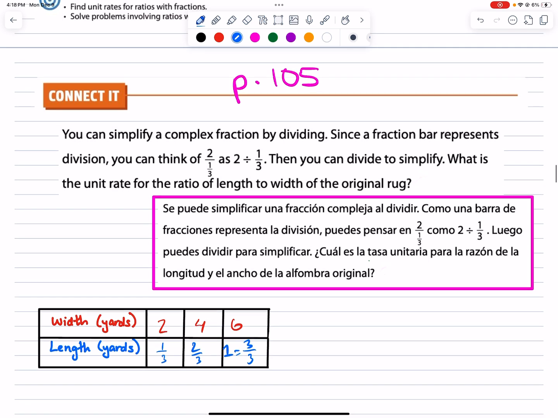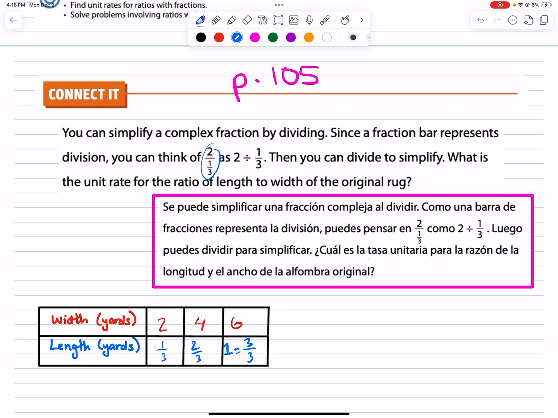They're using these two numbers, 2 and 1/3. That's where those numbers came from. So when you grab these numbers and divide them, 2 divided by 1/3, you can divide to simplify, basically KCF. If you're dividing fractions, you could do KCF.